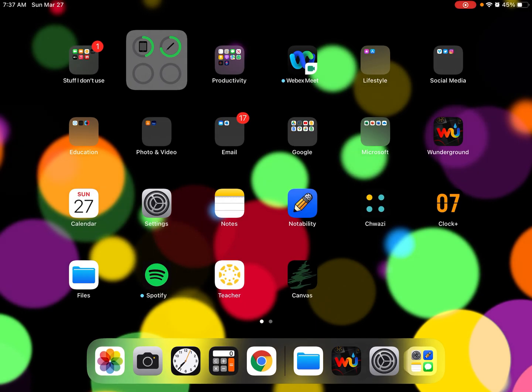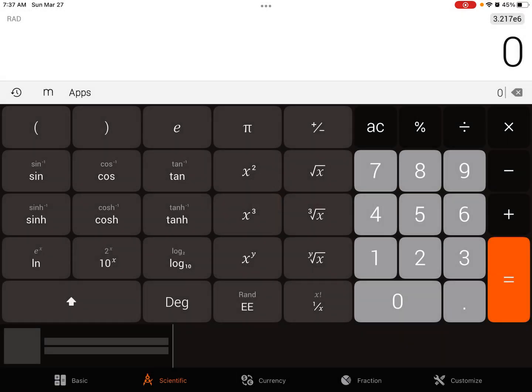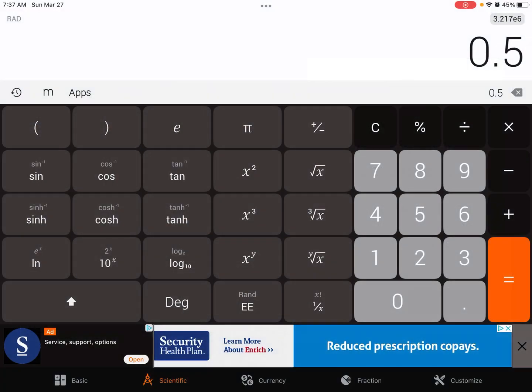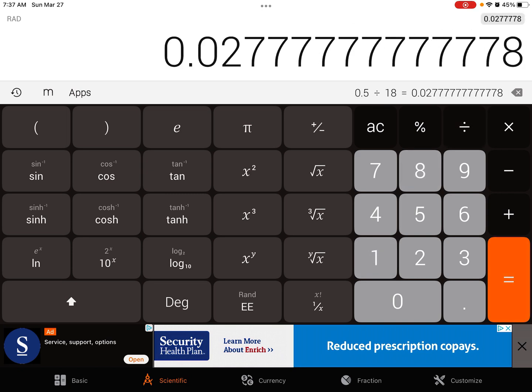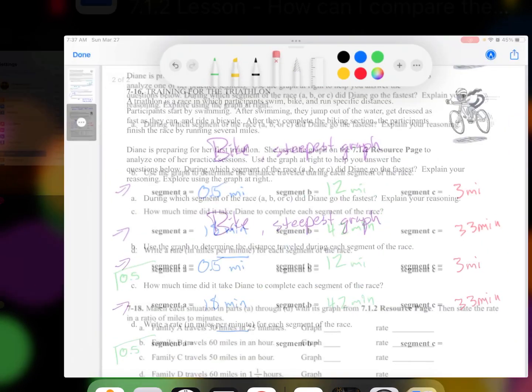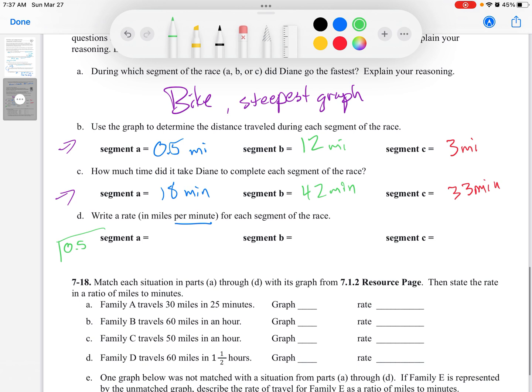And what do we get? 0.027 repeating miles per minute, per 1 minute.